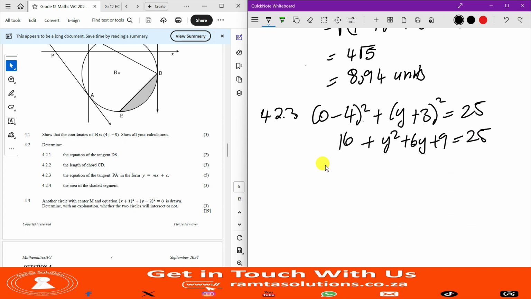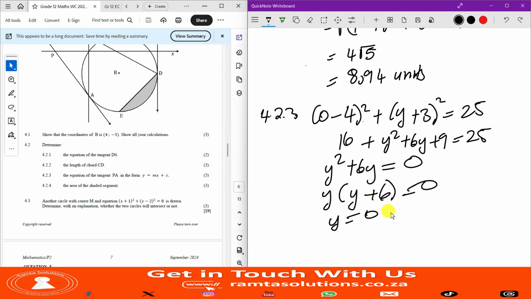Perfect. So we have y squared plus 6y equals 0, because 16 plus 9 is 25, minus 25 is 0. So y(y plus 6) equals 0, y equals 0 or y equals negative 6. Therefore, A is (0, -6).